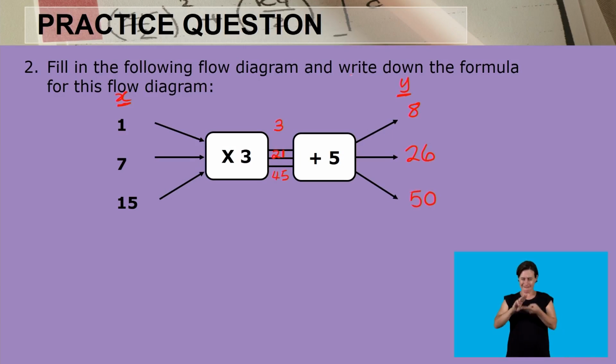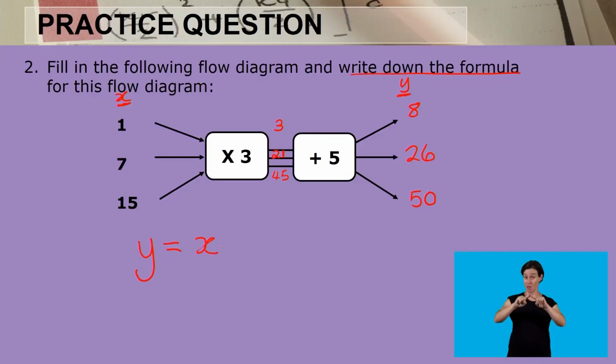Now, how can we write down the formula for this flow diagram? Well, we know that we are looking for the output values, and how exactly did we find these output values? We took the input value, we multiplied it by 3, and we added that 5.